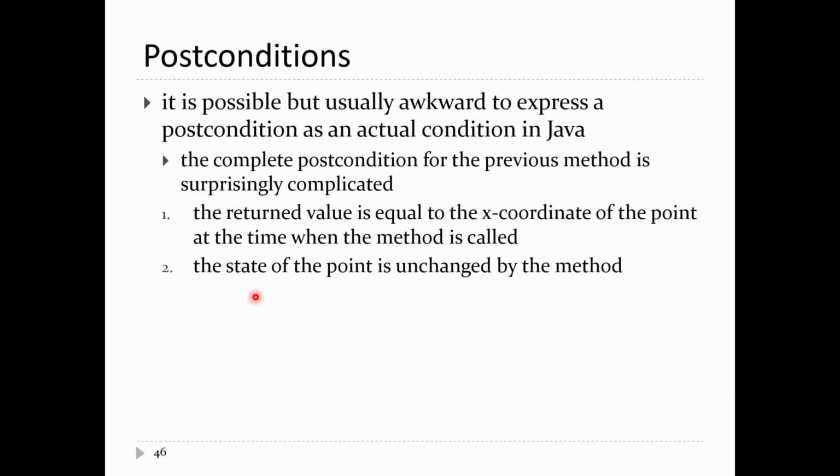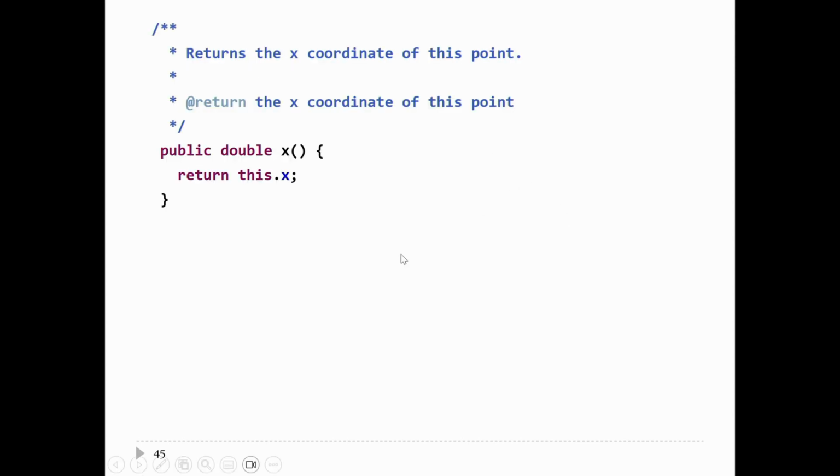In other words, part of the postcondition of this method is that the state of the point is unchanged when you call the method. P.x does not change the coordinates of the point P. Now, what else is involved in this postcondition? Well, it has to return the x coordinate of the point that was used to call the method. But there's a little bit more here.